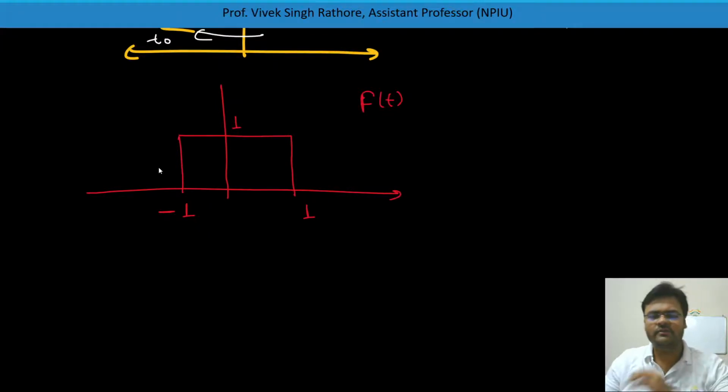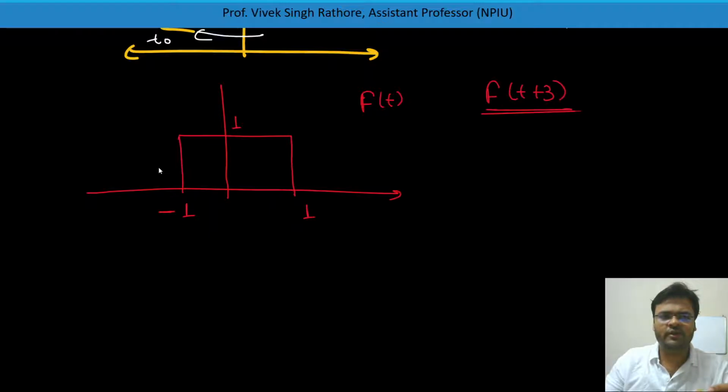Now if anyone says you need to shift it to f(t plus 3), what you understand is that it is advanced, by 3. Mathematically, you can equate t plus 3 with 0. So t plus 3 is equal to 0.